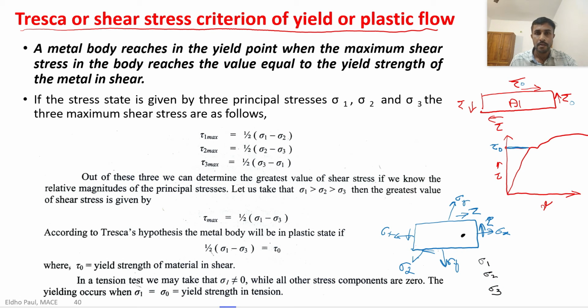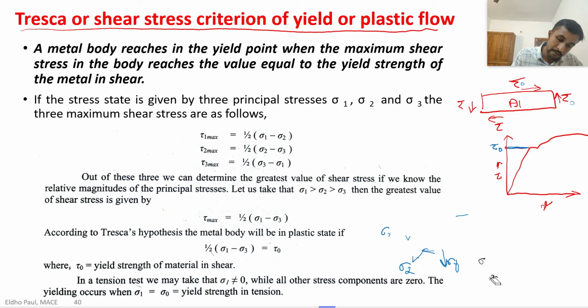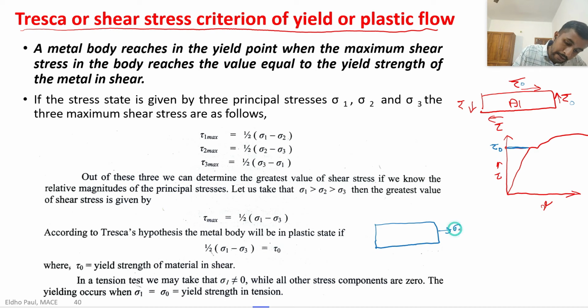For example, this is a plane stress condition, so in the plane stress condition we have only sigma 1 and sigma 2. Once again, I'll explain with a plane stress condition, then it will be more clear. So this is my aluminum body, with sigma x, sigma y, sigma x and tau.